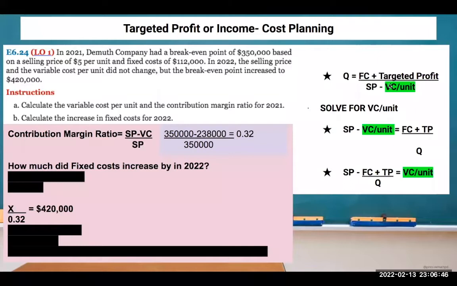Now, part B asks, calculate the increase in fixed costs for 2022. Now, I'm thinking to myself, in the question, we have been given a break-even point of $350,000, selling price per unit of $5 per unit, fixed cost of $112,000, 0.32 or 32 cents for contribution margin ratio.